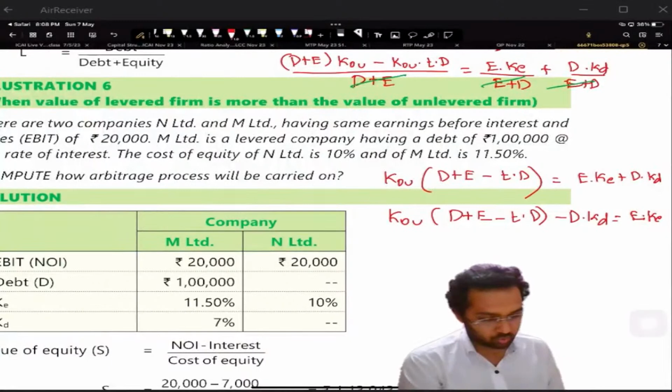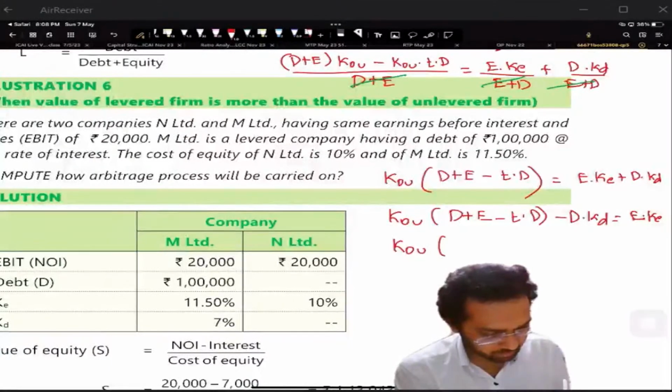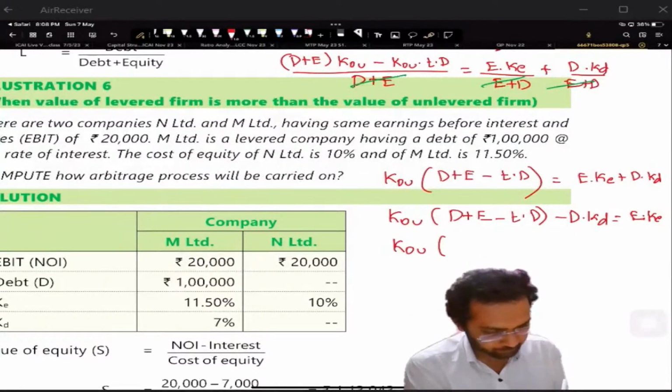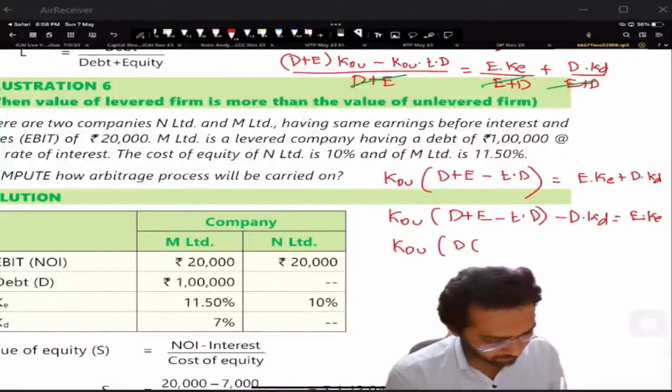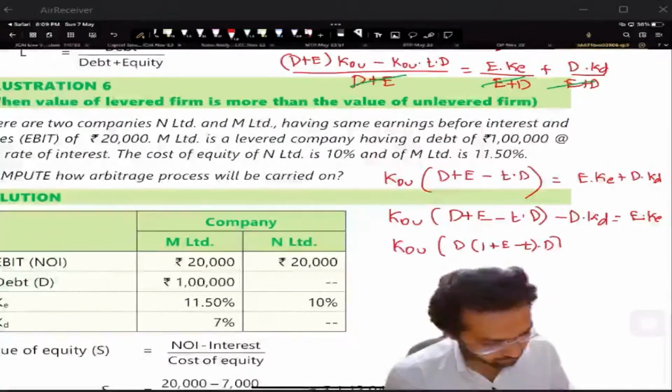Right? So now from this, you can say KO of unlevered. Again, from here, you can take common debt. To take debt common, we have over here 1 plus equity minus T into debt.